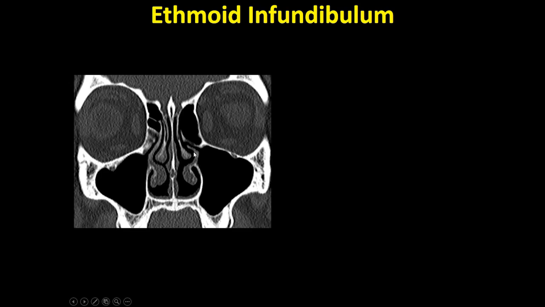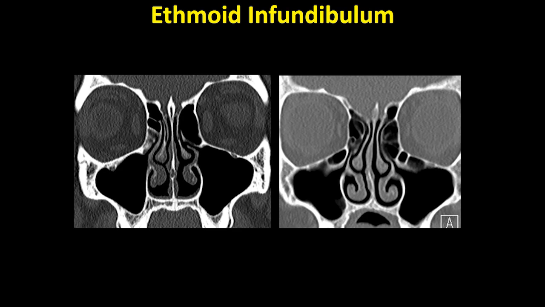Laterally is the lamina papyracea. The maxillary sinus ostium: the maxillary sinus drains via its ostium through the infundibulum into the hiatus semilunaris and the middle meatus. Anatomical variants: the presence of an infraorbital ethmoid cell, the Haller cell, can narrow the infundibulum and therefore encroach upon the ostiomeatal unit.